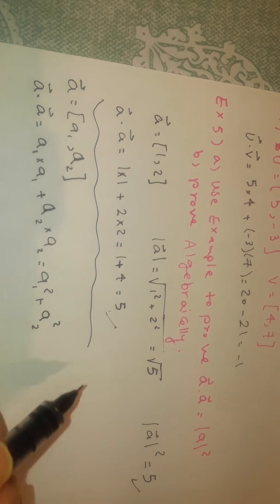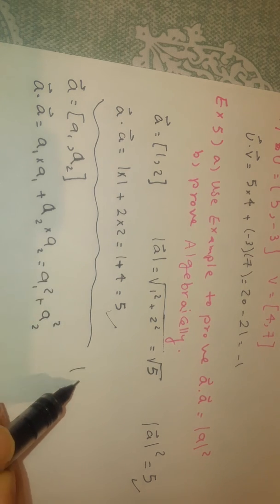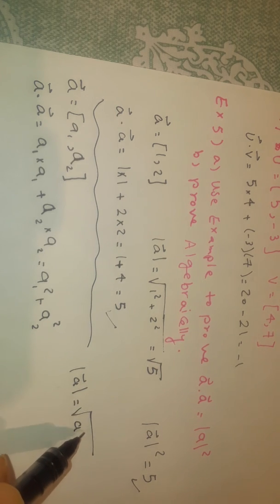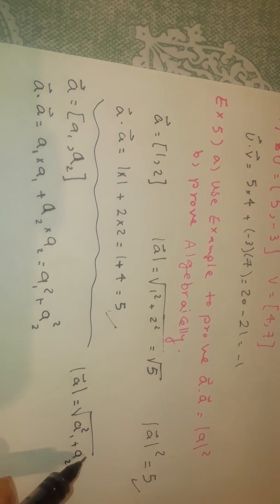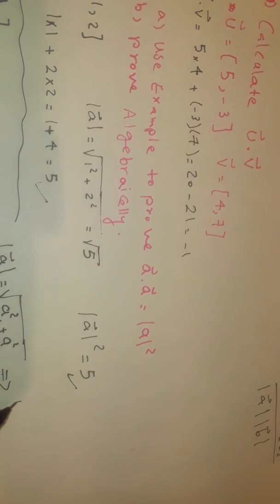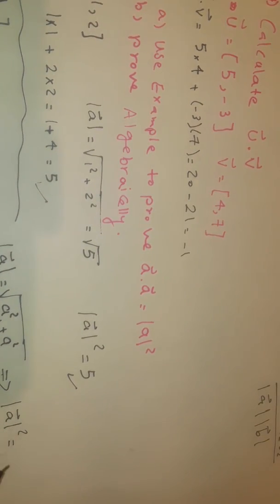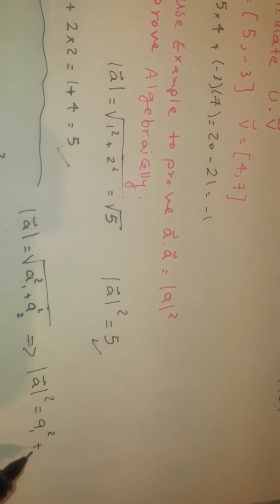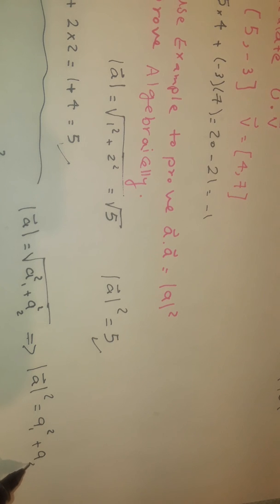Another way, I want to find the magnitude of a. The magnitude of a is going to be the square root of x component power 2 plus y component power 2 according to the definition. So I know that the magnitude of a to the power of 2 is going to be a1 power 2 plus a2 power 2.